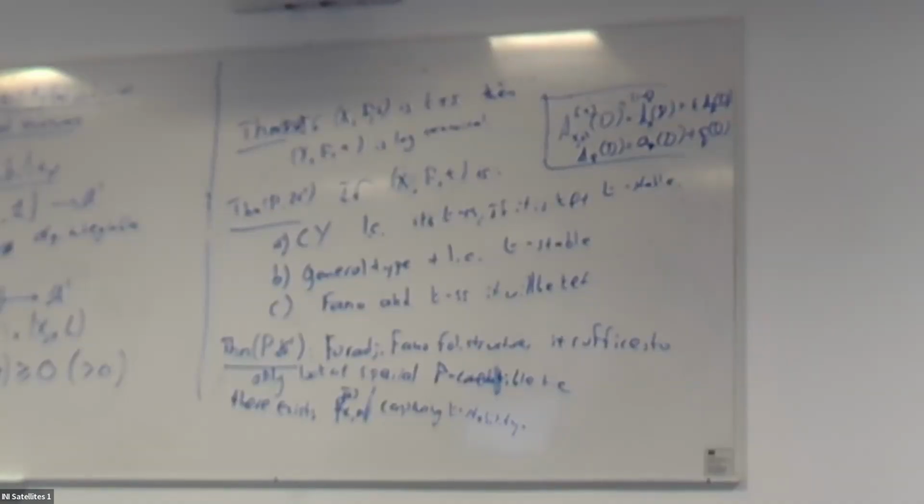Sorry, this is going to be technical, but you asked for this. So let's say I have two families over the DVR. I want them in this case to have isomorphic generic fibers, and obviously also isomorphic foliations in some way.